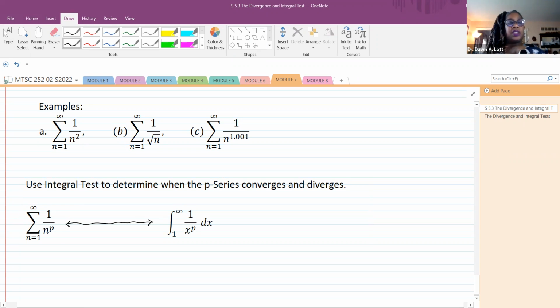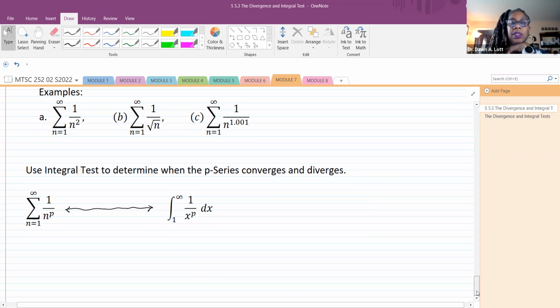Okay, there's a relationship between these two. All right, so we need to compute the integral on the right to see when the integral on the left converges.